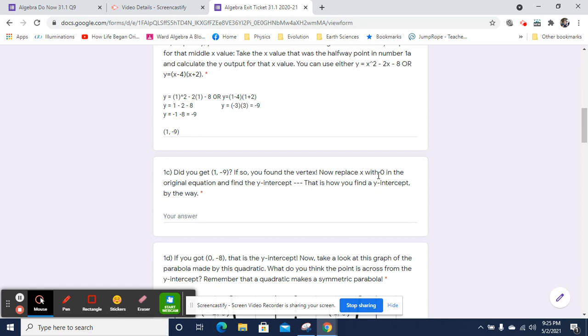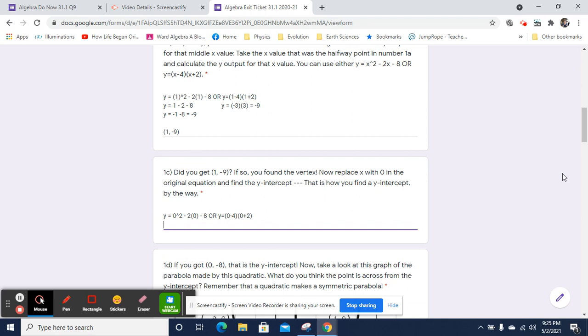Now we'll replace x with 0 in these and find the y-intercept, because when x is 0, you're on the y-axis. So that'll be 0 squared. That'll be 2 times 0. And over here will be 0 minus 4 and 0 plus 2. Well, let's see what this gets us. So that'll be equal 0 minus 2 times 0 is 0 minus 8.